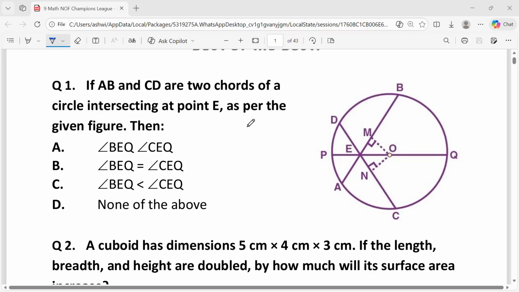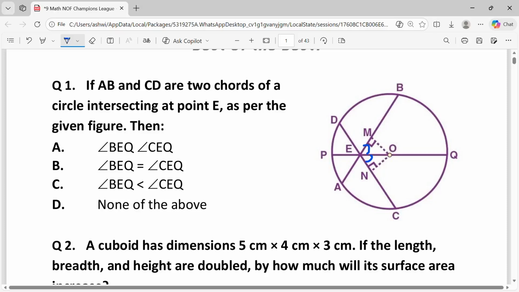When the chords are equidistant, equal, and intersect, the angles they form with the diameter or the line segment PQ at the point of intersection E are equal. Therefore, angle BEQ and CEQ are equal. So the answer is B.